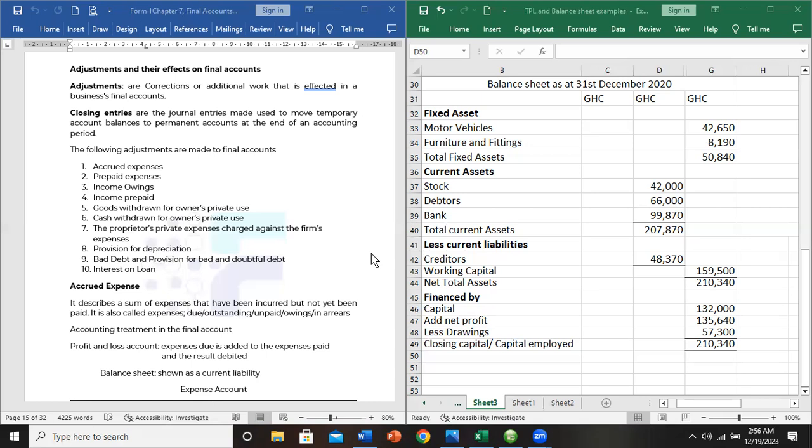Okay, so that is just to whet your appetite for this adjustment that we have to do. So let me cite an example. It is possible that when you go to school, you are preparing your account. So you check, oh, pocket money, 50,000 Ghana cedis. Then you remember that your auntie promised that she was going to also send 5,000 Ghana cedis as pocket money.